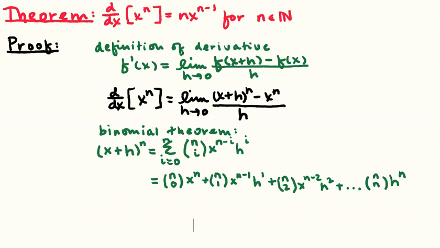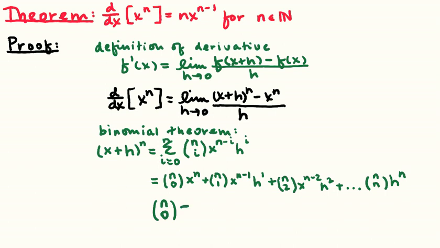Now, it's important at this point for me to note a couple of things. That n choose i is the number of ways you can choose a group of i out of n total choices. So n choose 0: if I have 5 people and I need to choose 0 of them for a group project or something, there's only one way I can do that, and that's by choosing none of them.